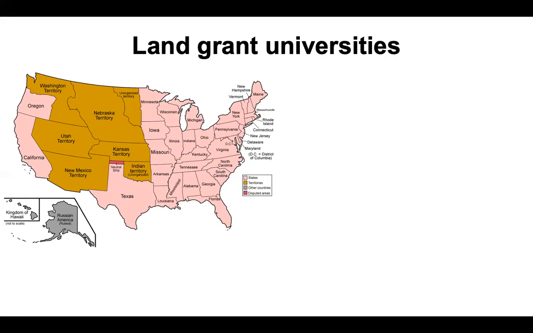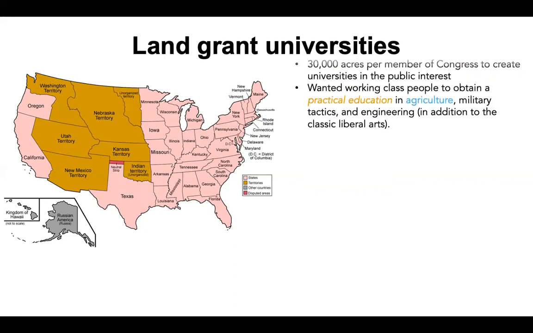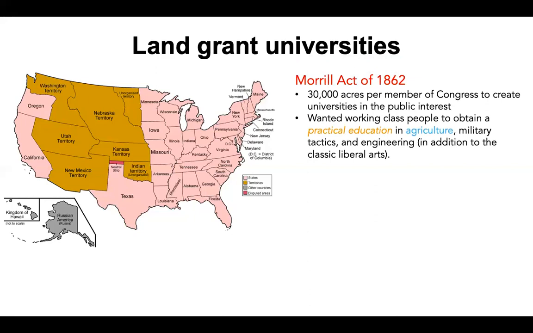That they've pillaged and plundered here. And so they wanted to take that land and use it to invest in the citizens of the US. So one of the things that they did to invest in the citizenry was called the Morrill Act of 1862.